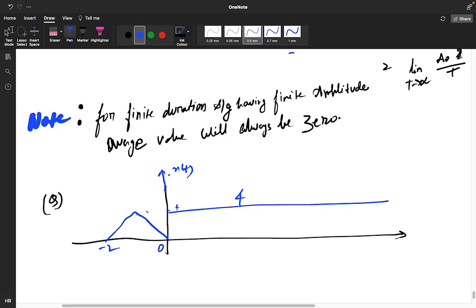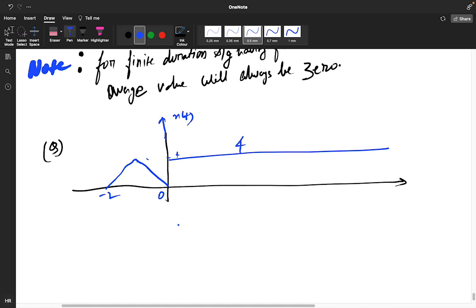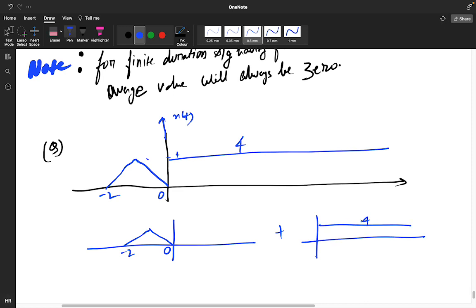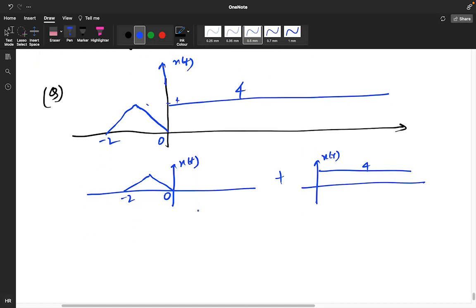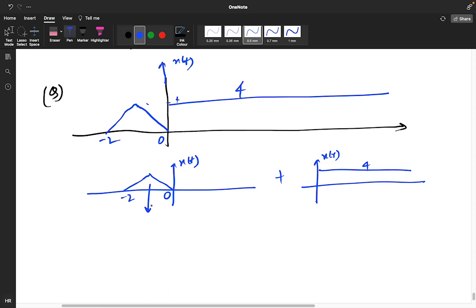So what we have understood, break this into two parts, like this, minus 2 to 0, and it is added with this signal x of t. This is a finite duration signal, so average value will be 0.